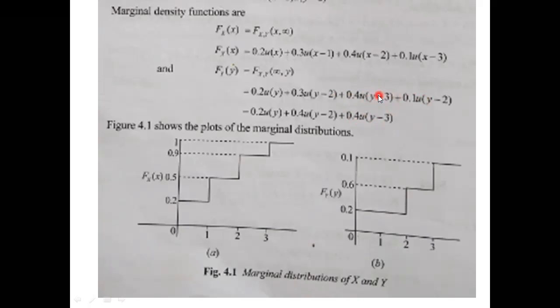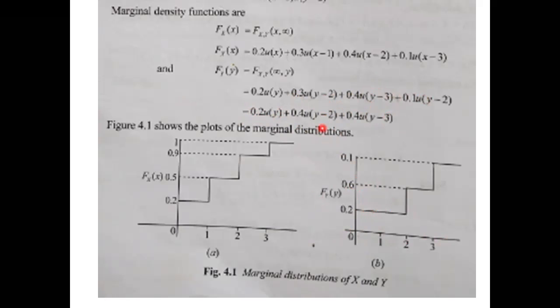Okay, ma? So for this, if you draw the plot 0, 1, 2, 3 here, at 0, what is the distribution function? 0.2. Okay, ma? Next event here is 2. So that 0.2 continues up to 2.